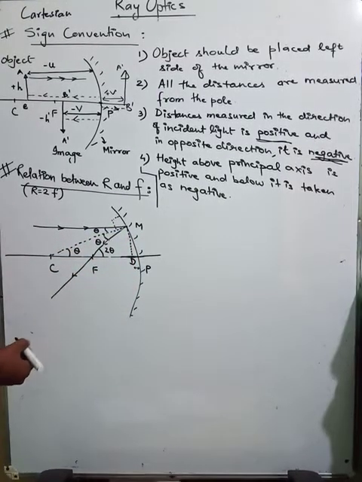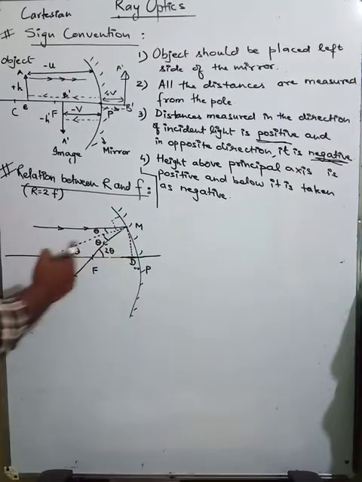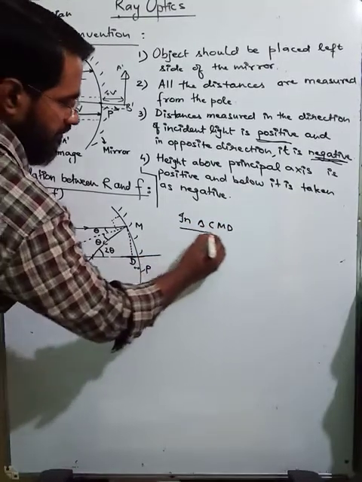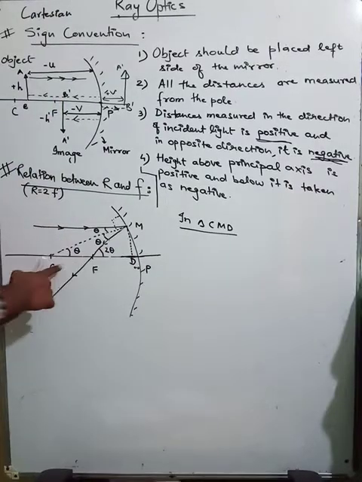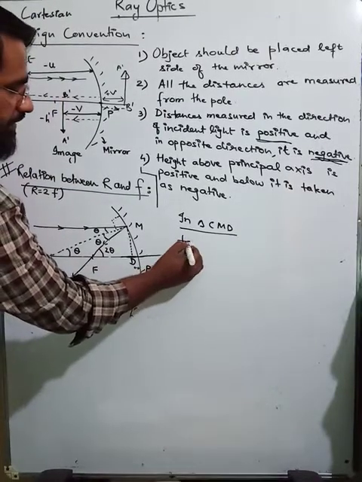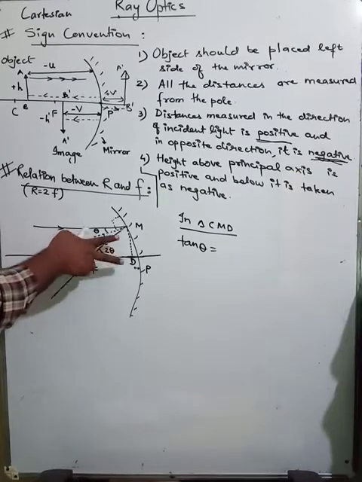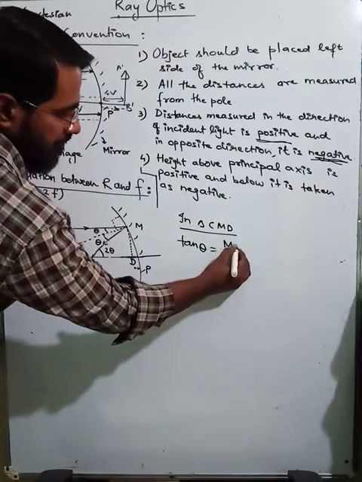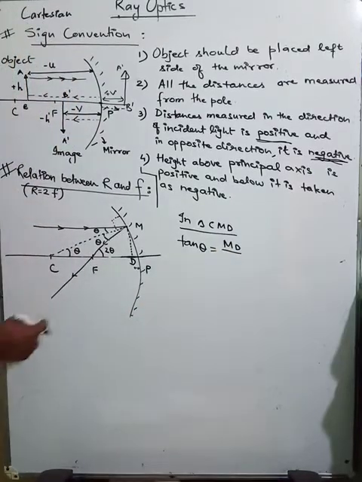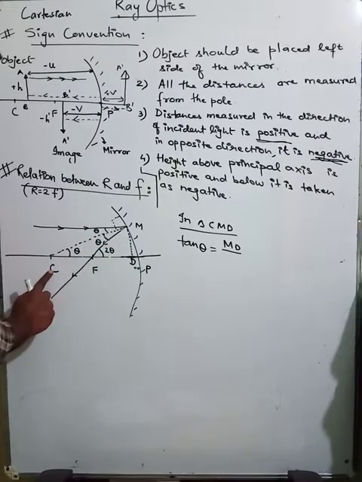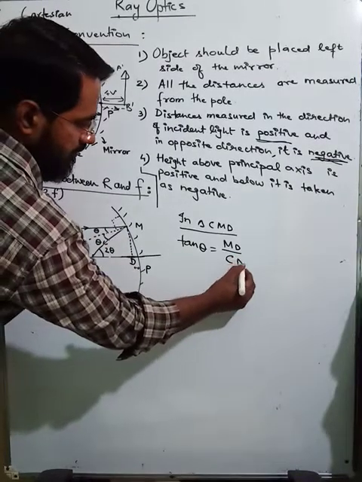Now let us use tan theta in triangle CMD. Tan theta is opposite upon adjacent. The opposite is MD, upon the adjacent, which is CD.